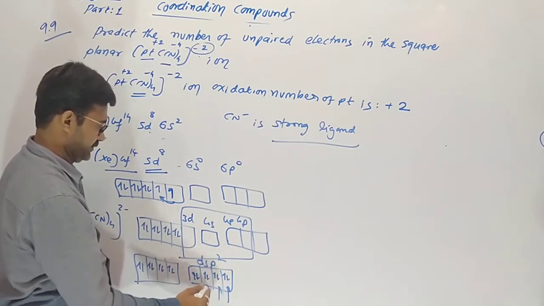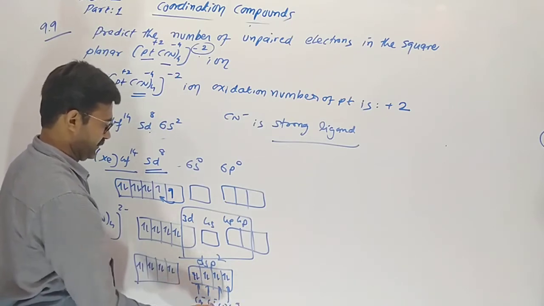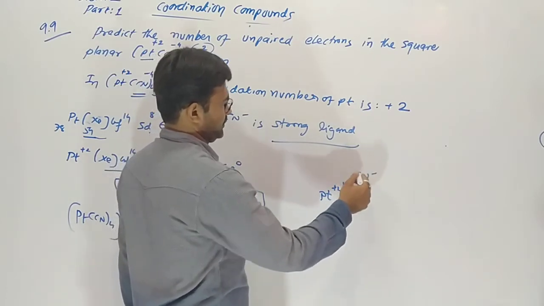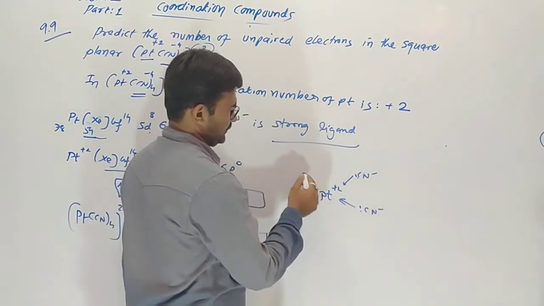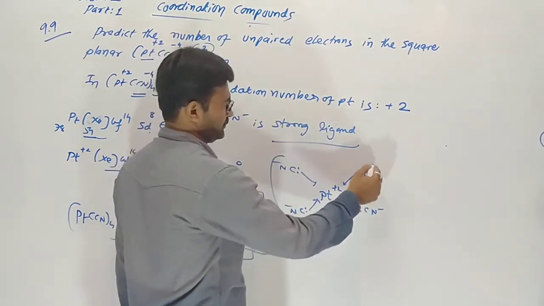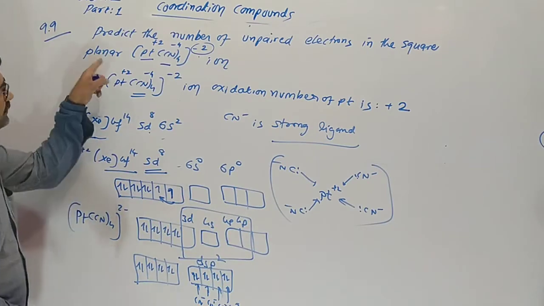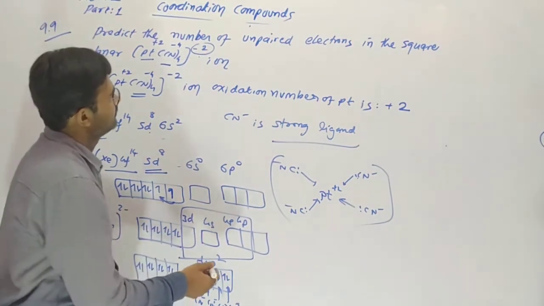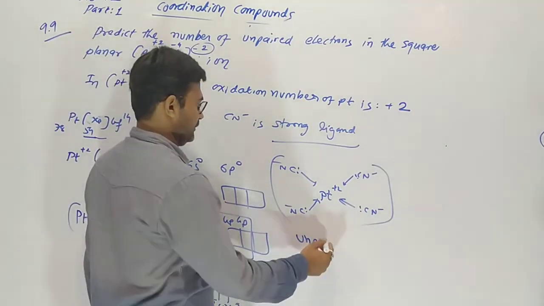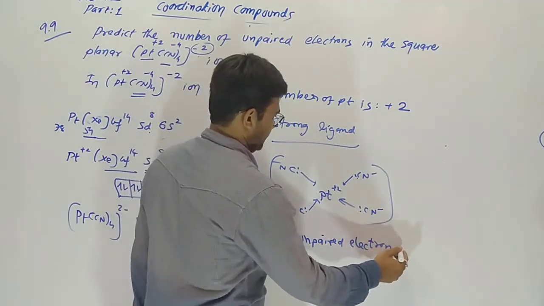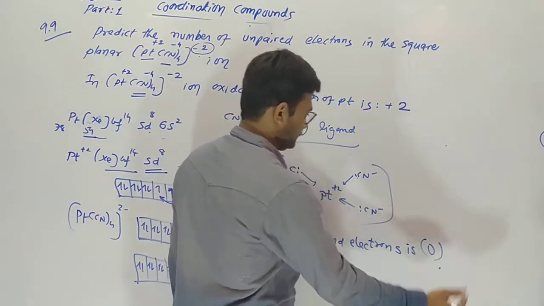and it gains 4 electron pairs from 4 cyanide, and which is square planar due to dsp2 hybridization. Square planar, and no unpaired electrons. So the number of unpaired electrons is 0.